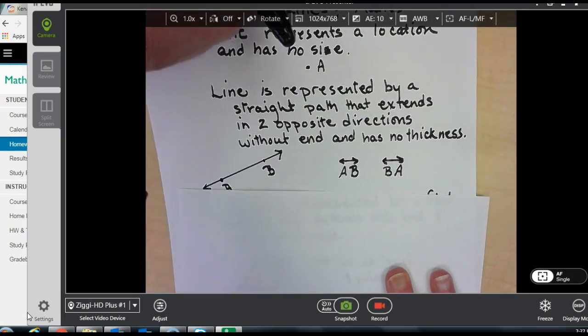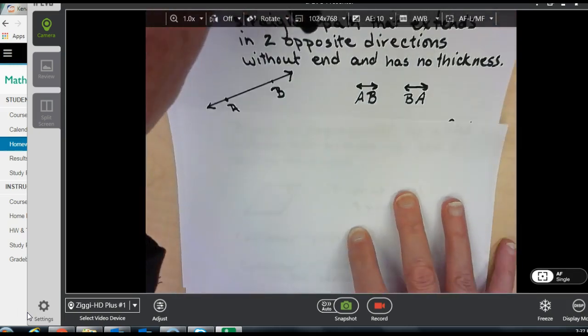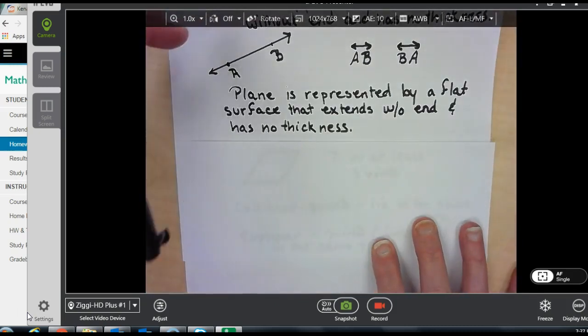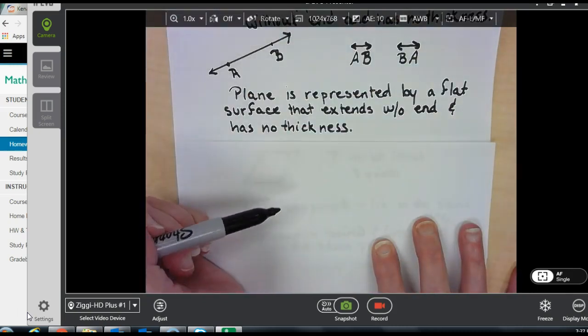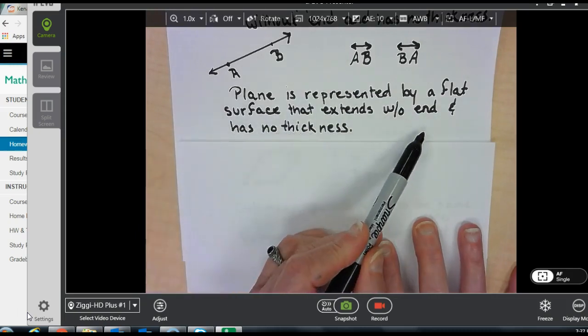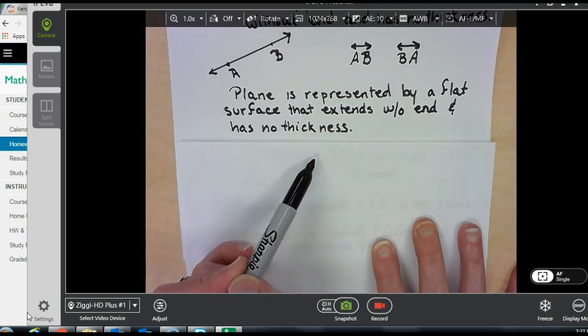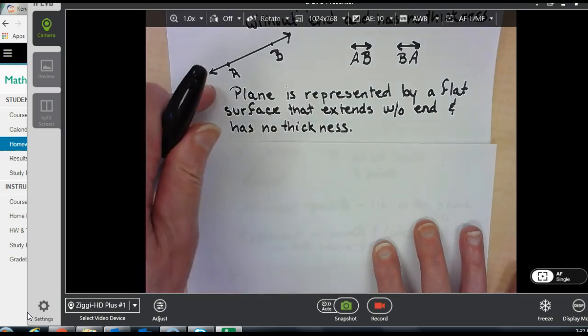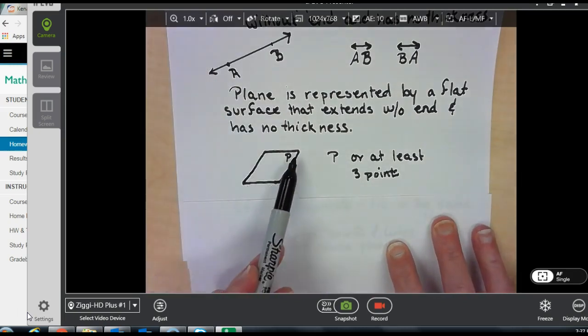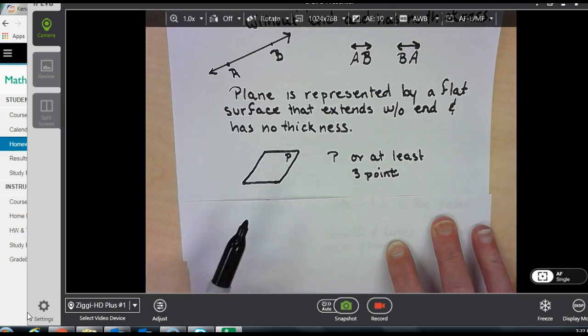If we talk about our next definition, this is a plane. Actually, if we look at this piece of paper, we could call that a plane too. A plane is represented by a flat surface that extends without end and has no thickness. So we usually show it as something with sides and ending, like our piece of paper, but it really doesn't. It continues on forever.